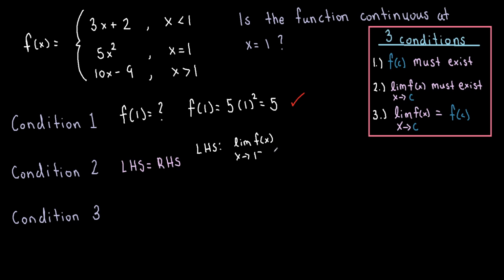And the function we're going to use is this function over here, because this function exists for all x values less than 1. So we have the limit of 3x plus 2 as x approaches 1 from the left-hand side. And this limit is going to equal 5. Now let's solve the limit from the right-hand side.